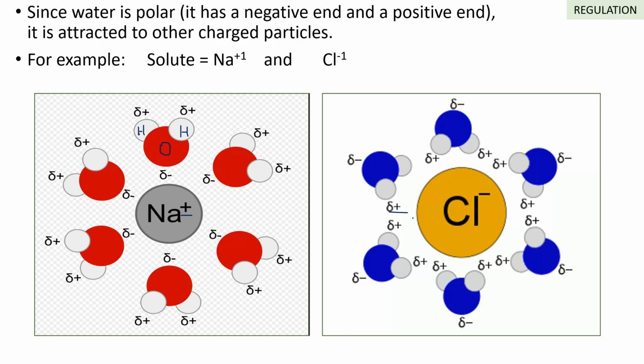You can see the hydrogens are facing inward. Again, I'm not asking you any of that. Bottom line, what I need you to know is that water molecules are electrostatically attracted to other charged particles because water's polar, and that binds up the water, preventing it from being able to cross that plasma membrane.